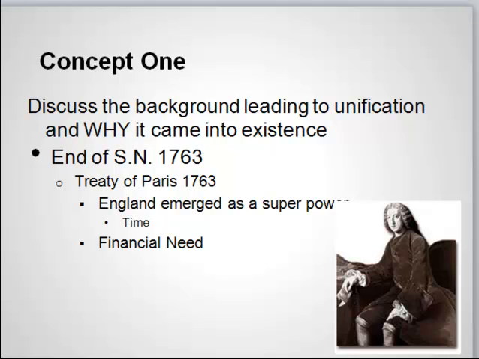First, the treaty broke the balance of power in Europe and in the New World and made England the most powerful and prosperous nation in the world, a genuine superpower. Consequently, England now had the time to deal with the colonies.